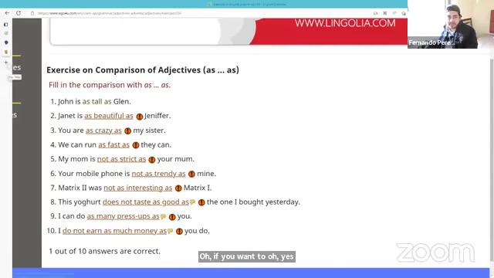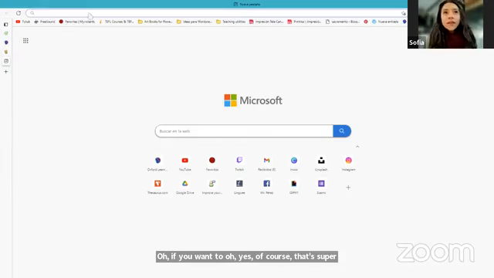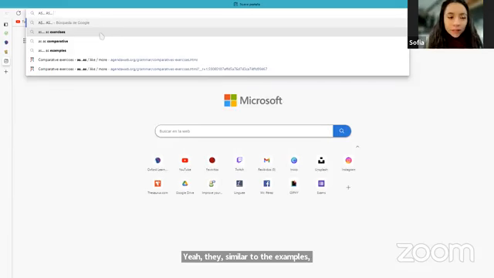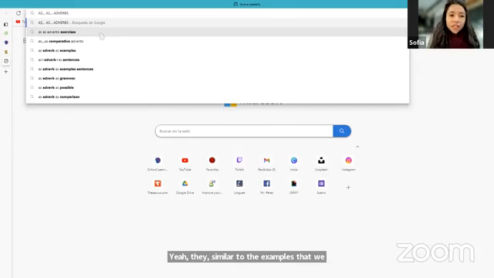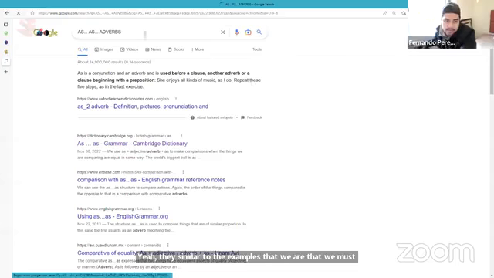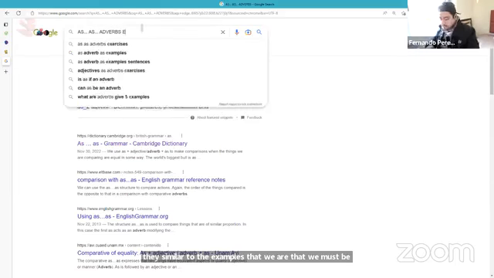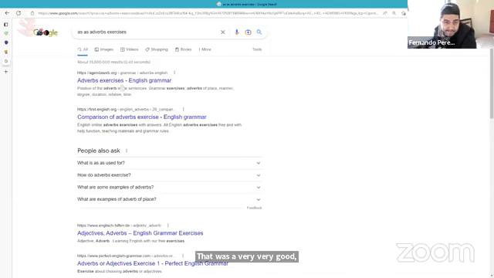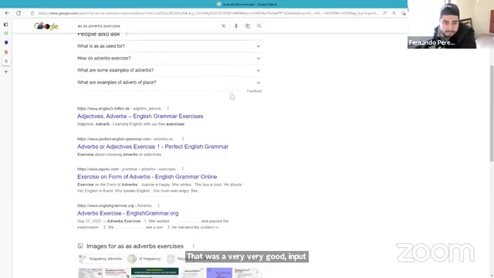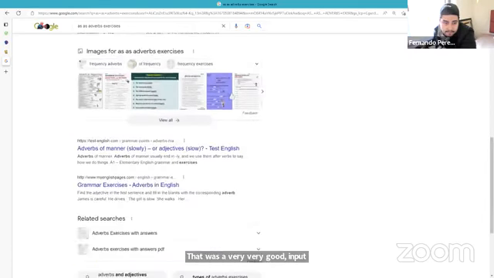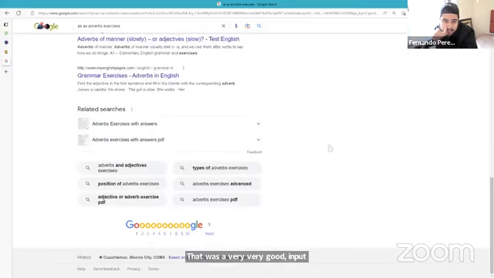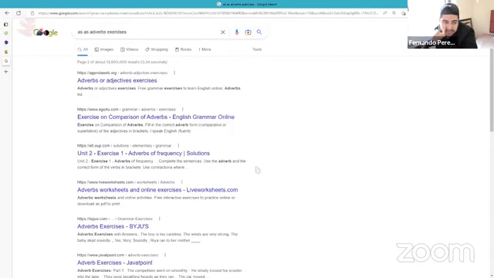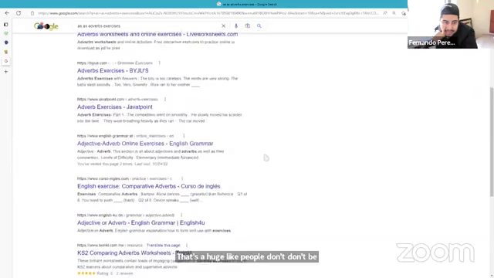That's super important, similar to the examples that we were doing yesterday. That was a very, very good input. That's the issue. People don't build these sentences.